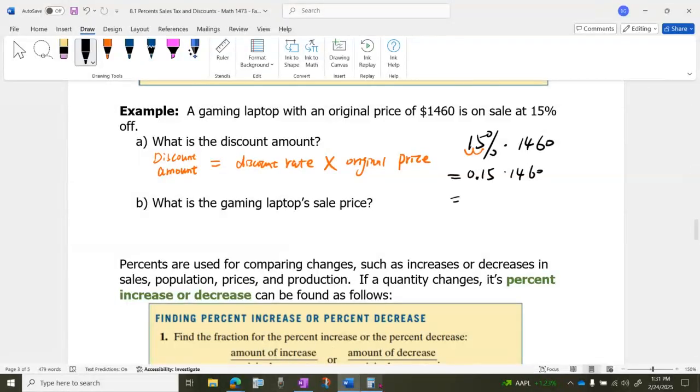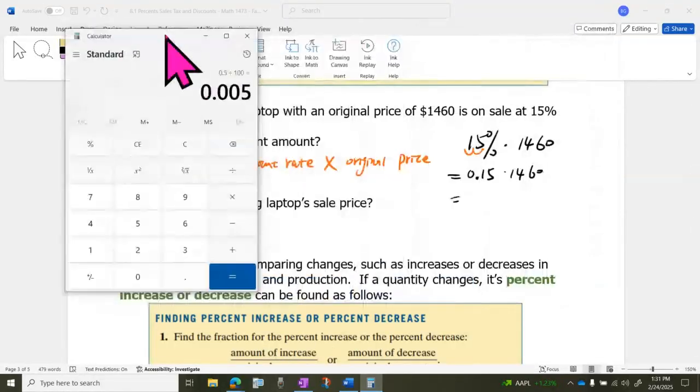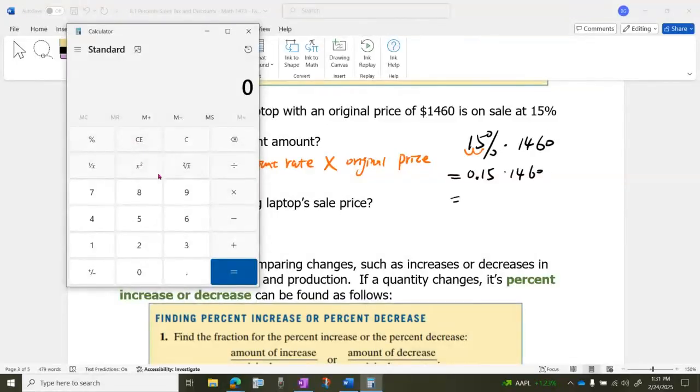On your calculator, you can do this; you don't really have to calculate manually. Multiply that 15% by the original price of the laptop, $1,460. Ooh, you save $219.